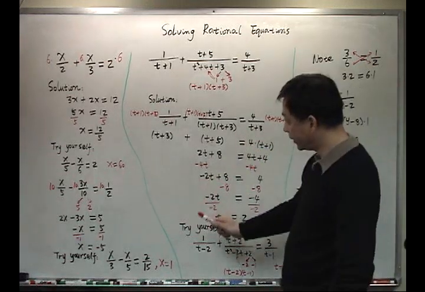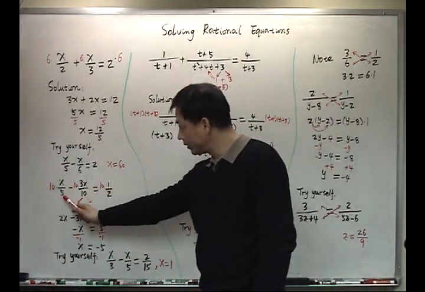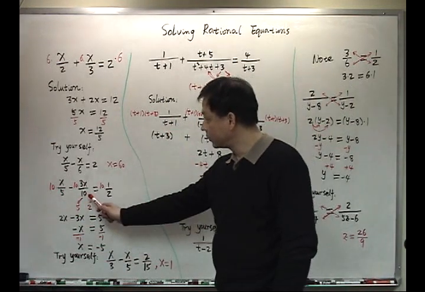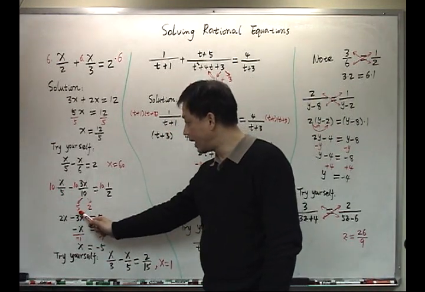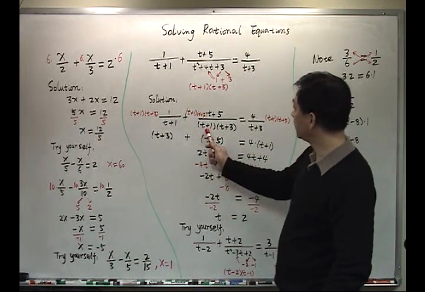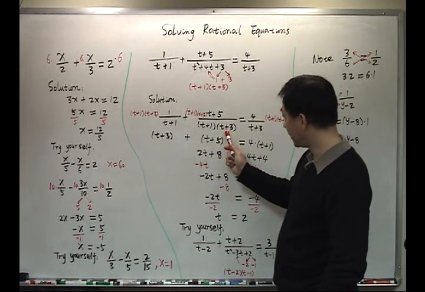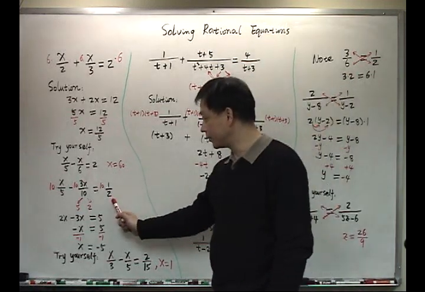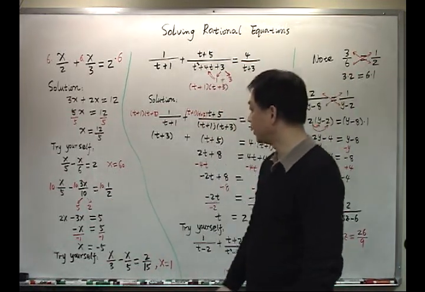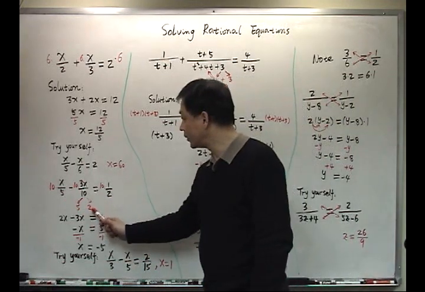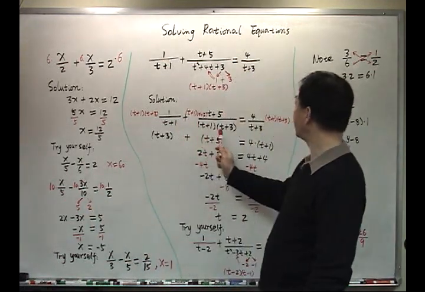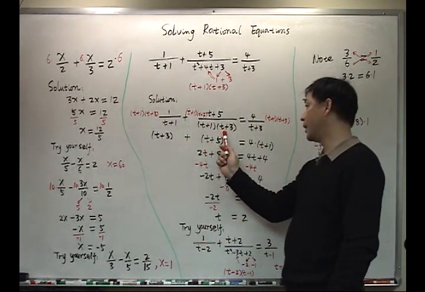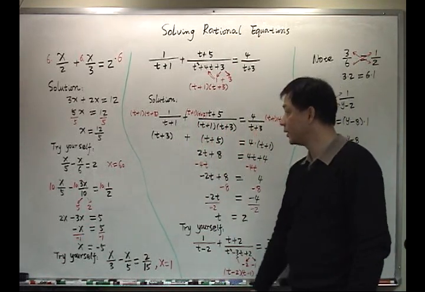Like the case right here, 10 is 5 times 2, so here we have t plus 1 times t plus 3. T plus 3 is like 2. So you can see 5, 5, 2, 2; t plus 1, t plus 1, t plus 3, t plus 3.